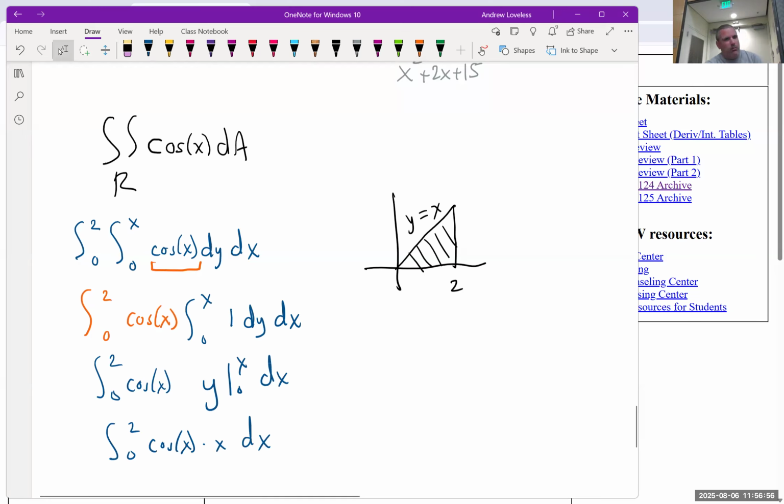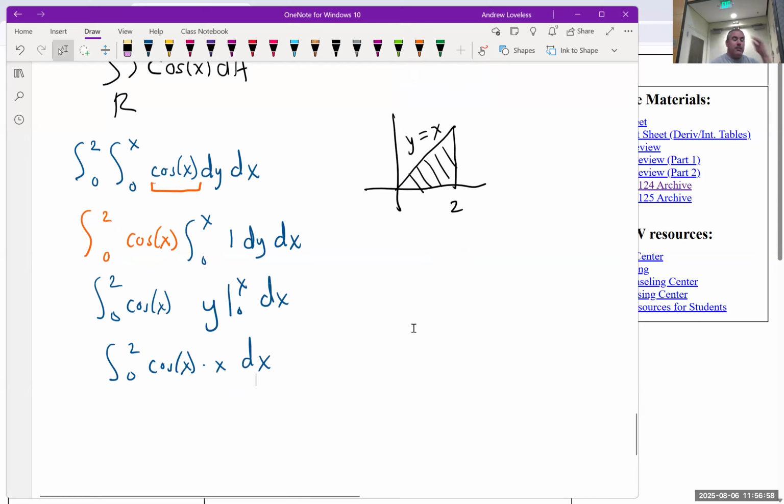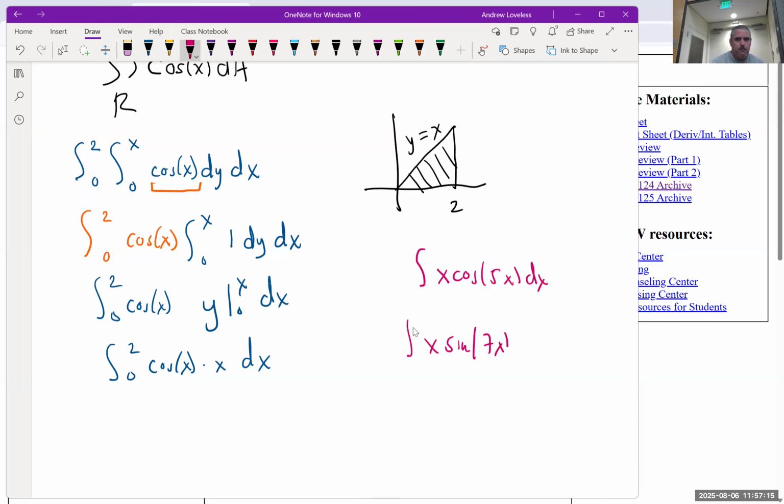So this is how by parts makes appearances. Integration by parts really, I sometimes say it's 5 main examples. There's more things, but the main examples are x times some cosine, x times some sine, x times some exponential function. I'm just thinking of percentages. 80% of the time that I use integration by parts, it's one of those 3.